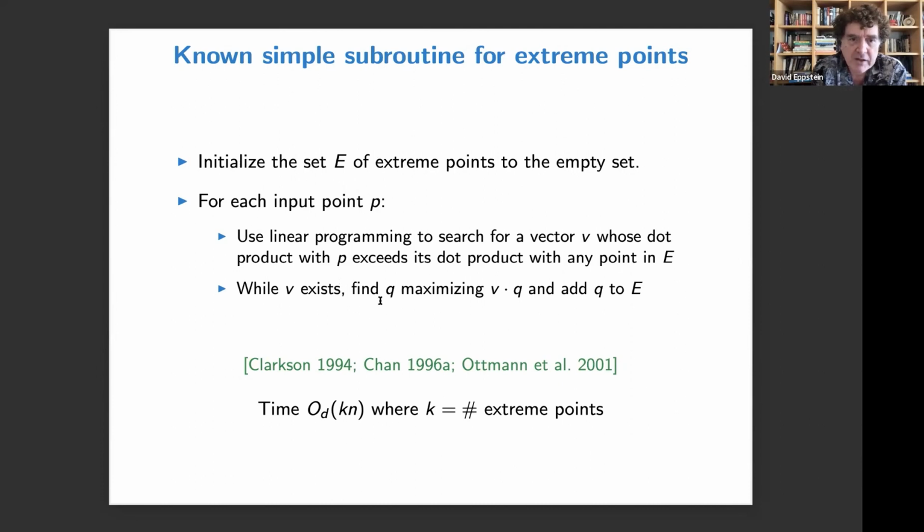And if we find that point Q, then we go back and test P again, and test P again, until either P itself gets added to the set of extreme points, or we can determine that it's not extreme. Every time through these loops takes order K time because we're doing a linear program. We do that once per point, and so the total time is O of Kn.